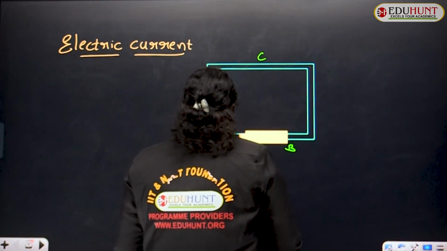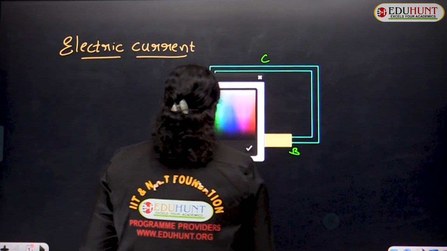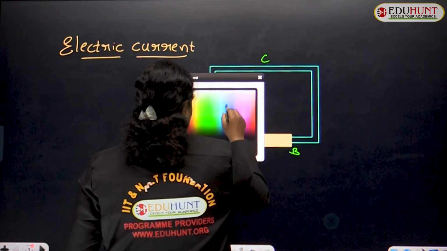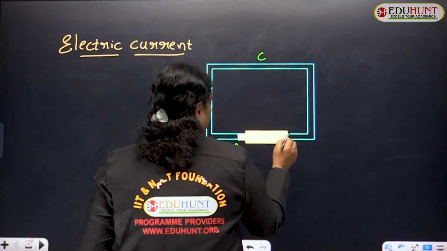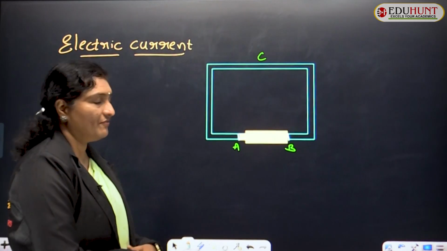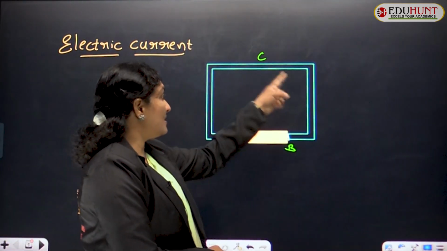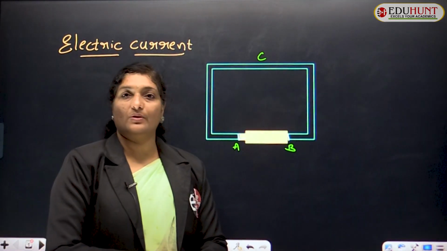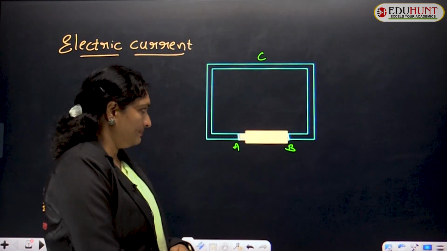For the two ends of the metal wire, let us suppose that a cell is connected as shown in the figure. So whenever a cell is connected to this metal wire, we observe that some potential difference is maintained between the two ends of the metal wire.